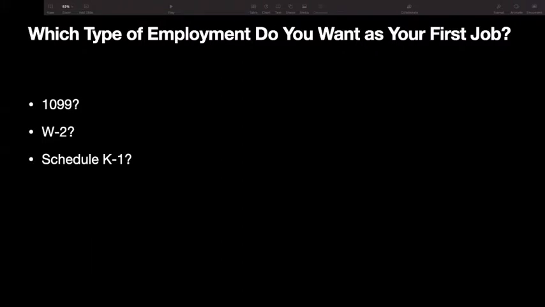If you want to start your own partnership, then that could be Schedule K1. That's my goal for my first employment. Or it could be 1099 as a contractor in a smaller dental clinic, or the W2 as an employee of the bigger clinics or corporates.